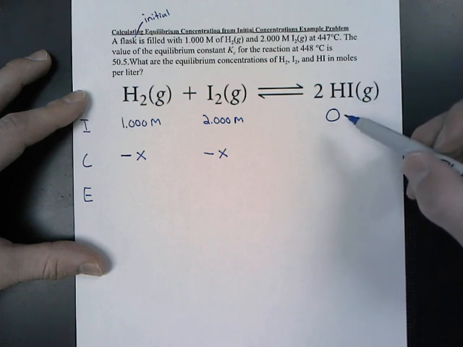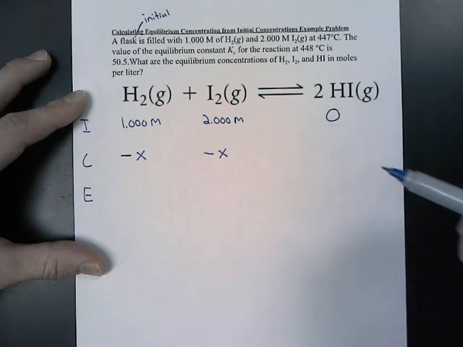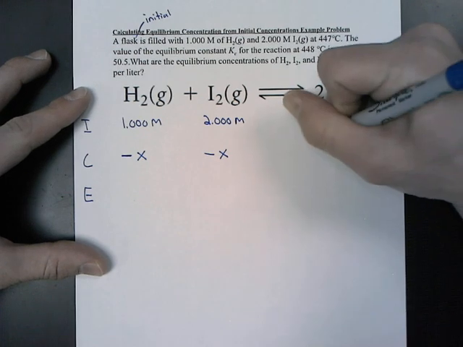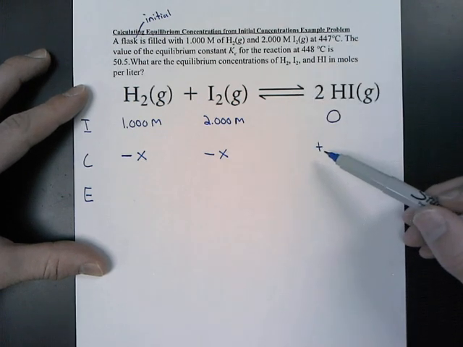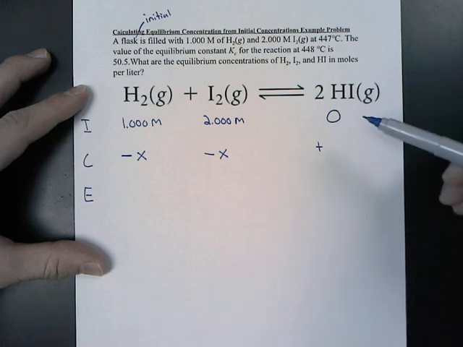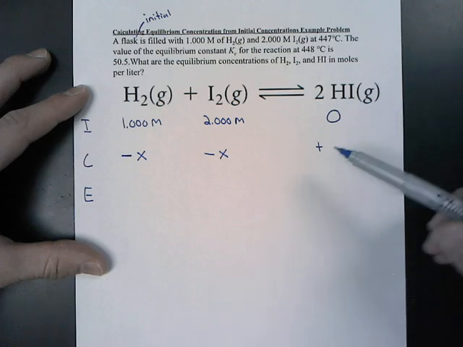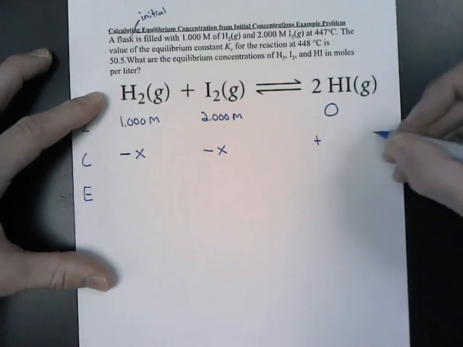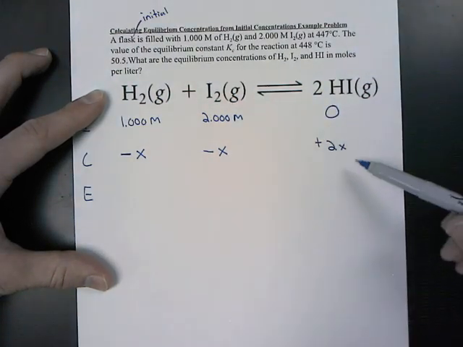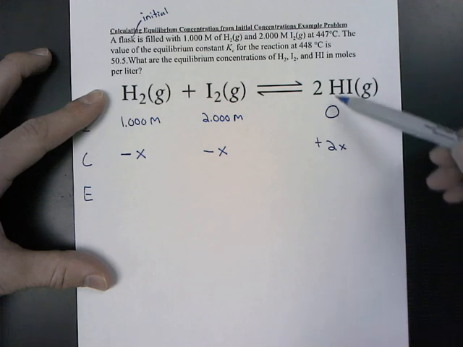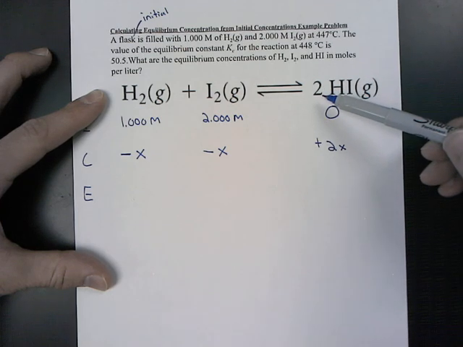Remember, we started out with 0, so we can't get any more negative. That means we have to gain, or add, some amount of HI. The variable we've been using is x, but it's going to be 2x, because we have a coefficient of 2.